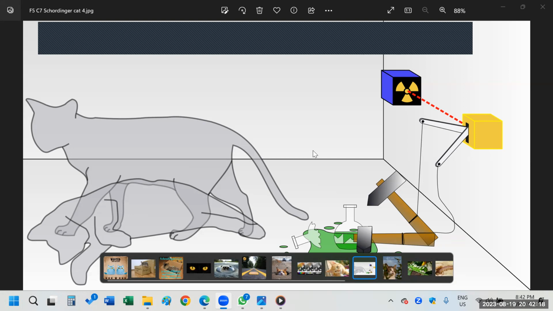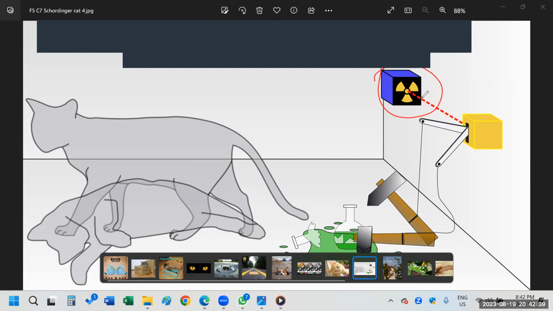So Schrödinger gave out an imaginary experiment: inside a box there is a setting with a radioactive substance.